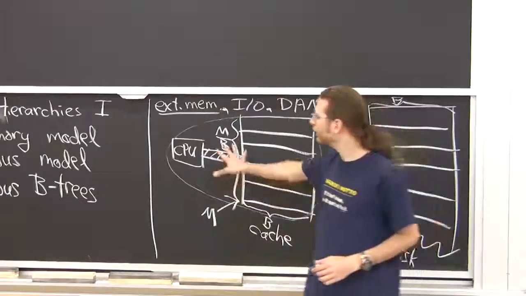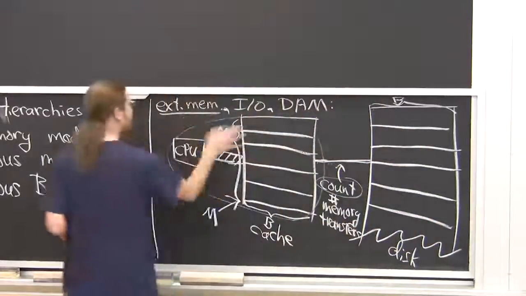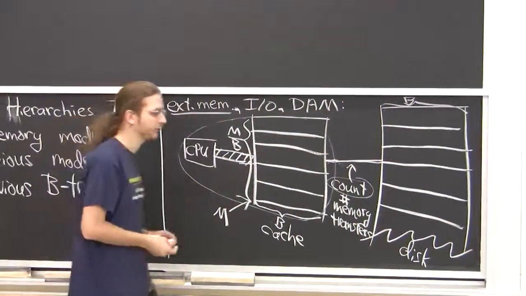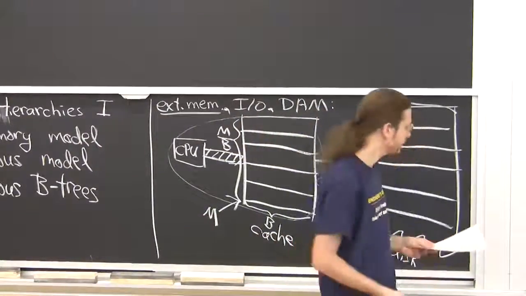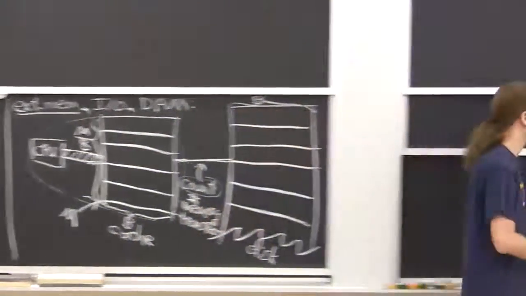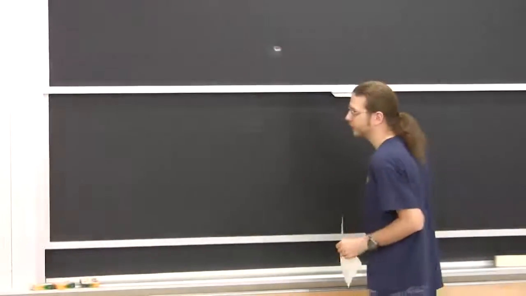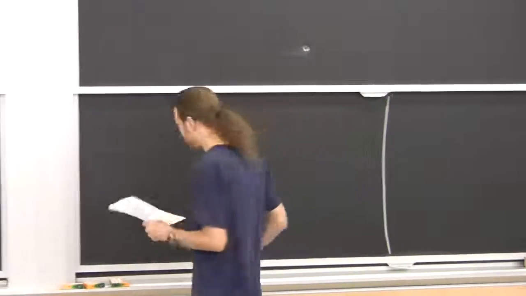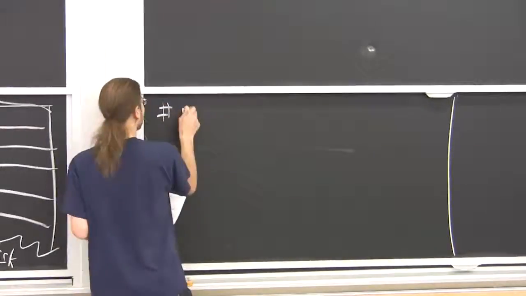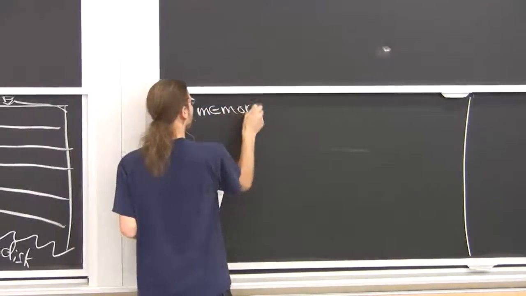In the external memory model, you can do whatever you want. You have full control over this cache. So let me write some obvious bounds, and then I'll tell you some of the main results in this model. So the number of memory transfers is what we care about.